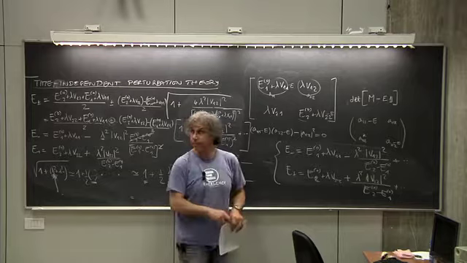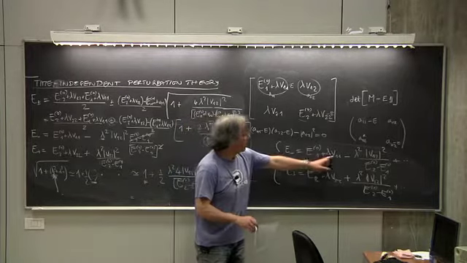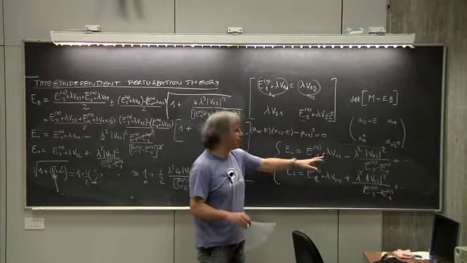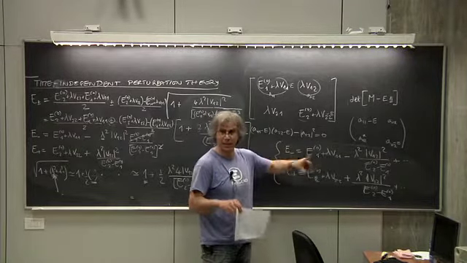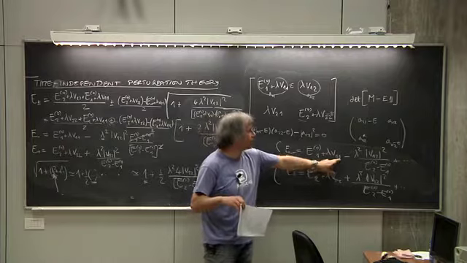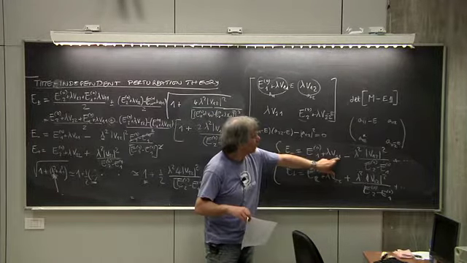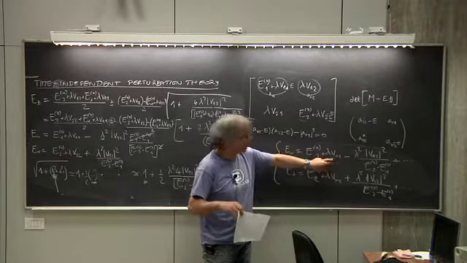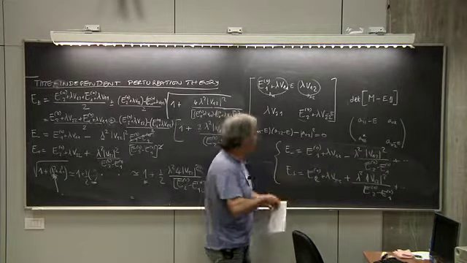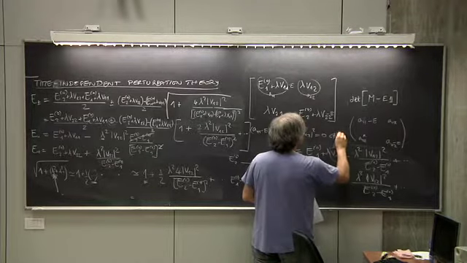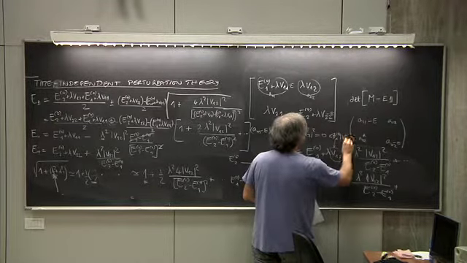First of all, V might have a non-negligible, a non-zero matrix element average in the state. Okay? This is, after all, the unperturbed state, matrix element of the perturbation. If you remember, this is phi 0,1, V, phi 0,1.